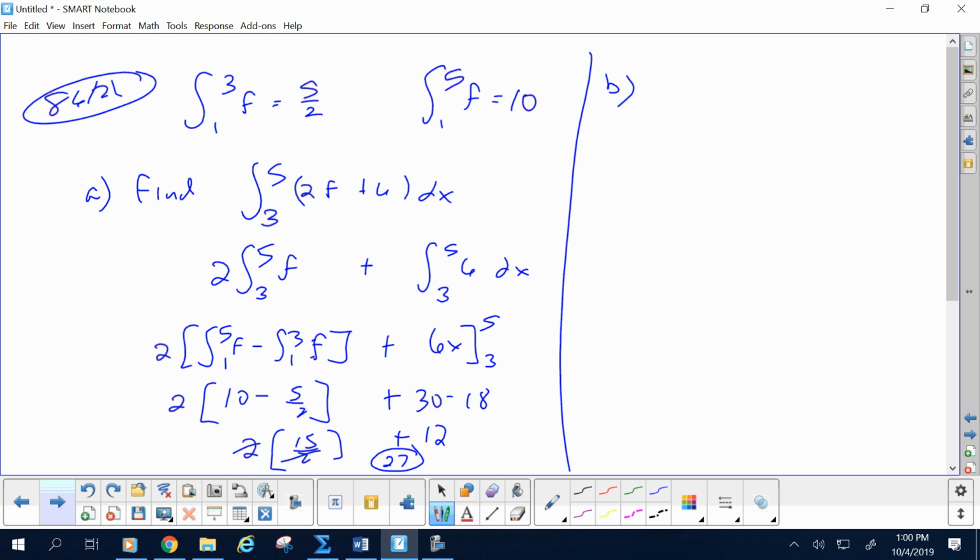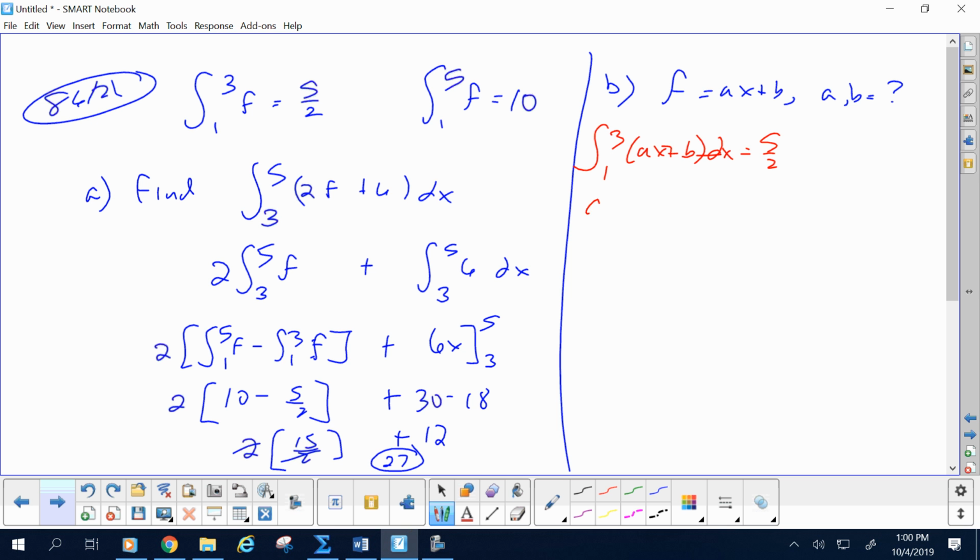B is, if they say f is ax plus b, what's a, what's b? Okay, how do we use that with these? How do you put those two together? Good call. So I could put in place of f ax plus b, and that integral should be 5 halves.